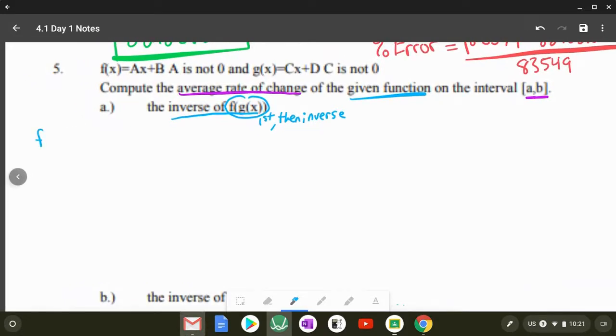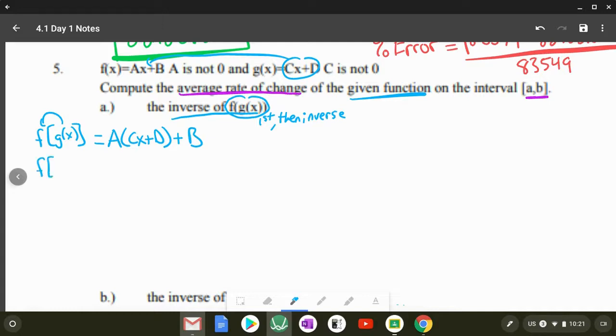So just finding f of g of x, if you remember, plug in from right to left. So I take the g function, plug it into the f function. So we would take cx plus d, plug it in for x in the f function, and we have a times cx plus d, plus b, and then we can go ahead and distribute that out.